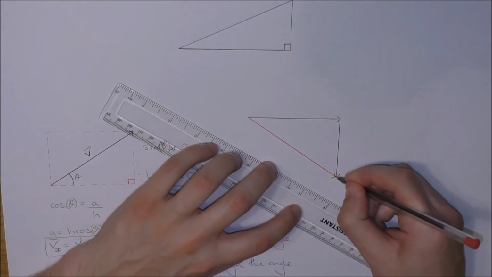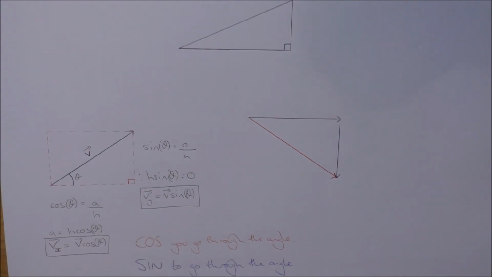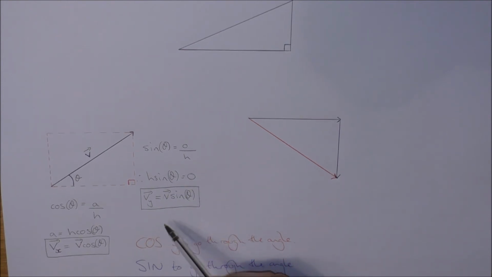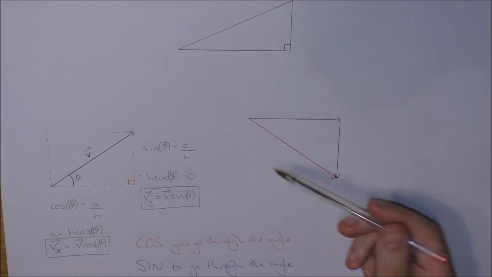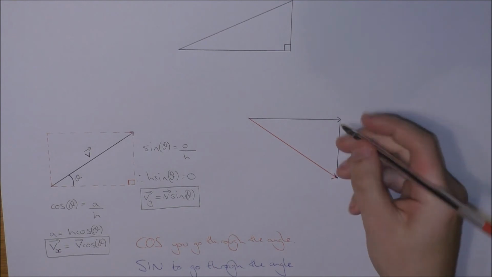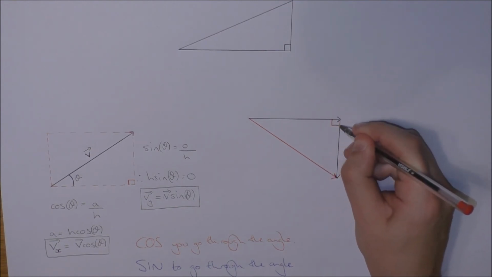So the vector is always the hypotenuse. The overall vector is always the hypotenuse. And that's because multiplying by a trigonometric identity always either makes it the same length or shorter. So you can always bear that one in mind. That means that the right angle is always there, opposite the hypotenuse.